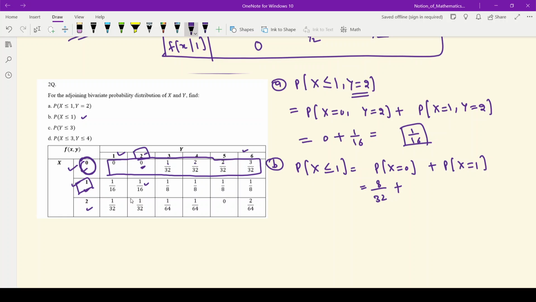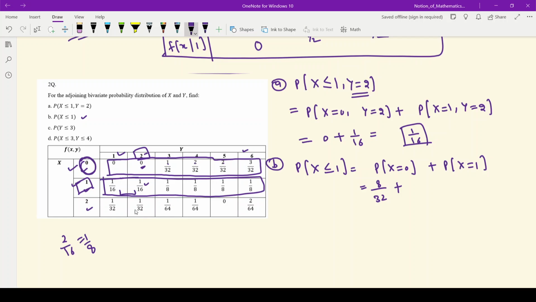And if I say probability at x equal to 1, it is the summation of all these values. So 1 by 16 plus 1 by 16 will be 2 by 16, that is 1 by 8.